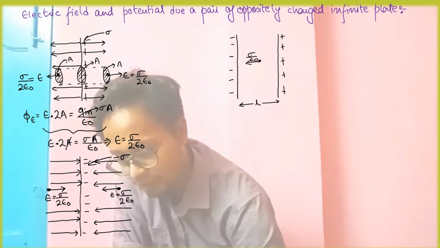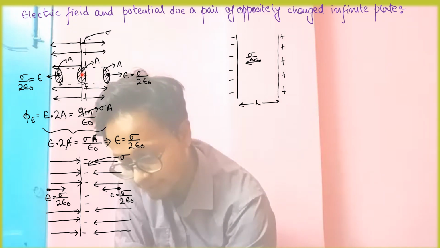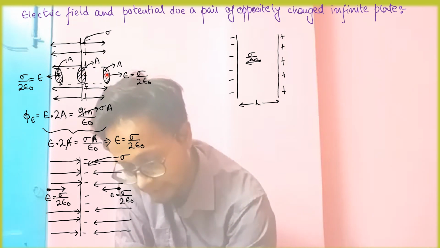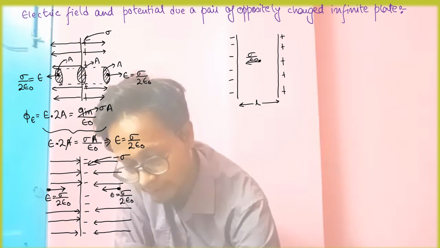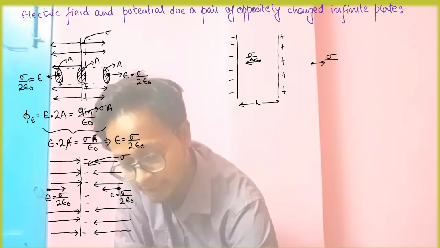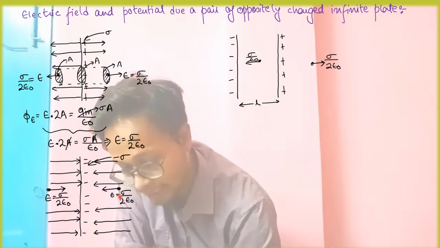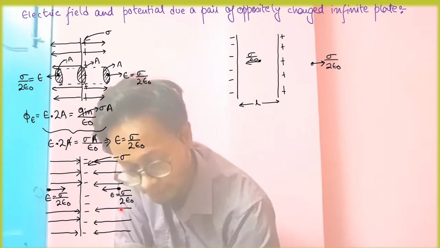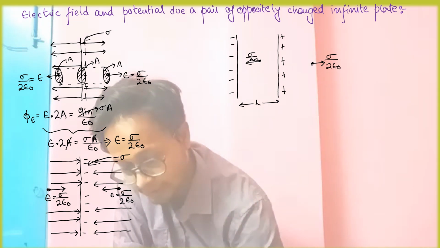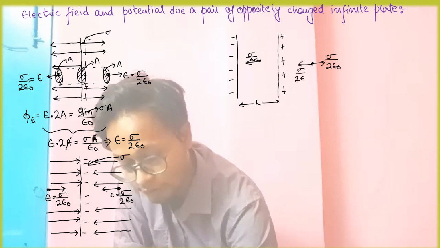Now my question is, what is the electric field out here? Due to the positively charged plate, the electric field will be in this direction, equal to sigma by 2 epsilon naught. And due to the negative charges on the right hand side of the plate, the electric field at the same point would be sigma by 2 epsilon naught, but in the opposite direction.